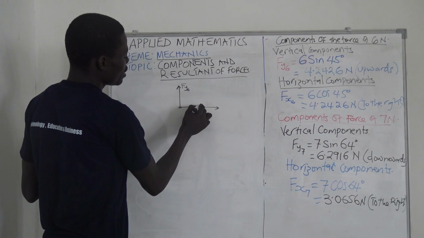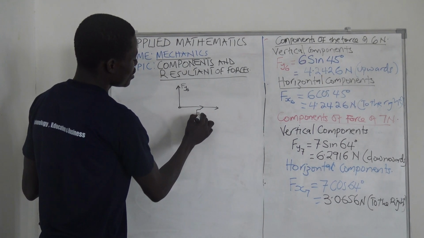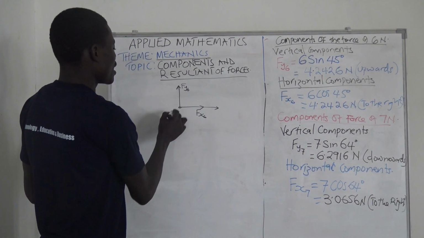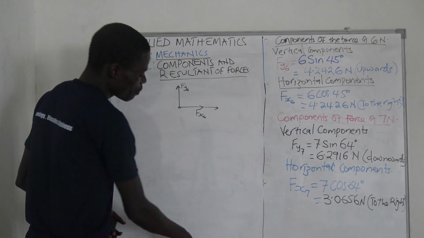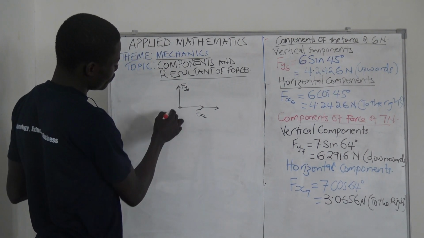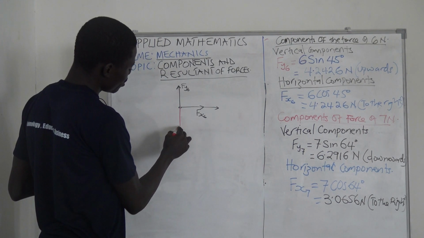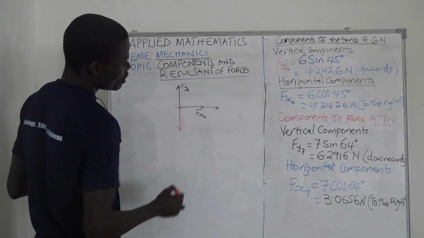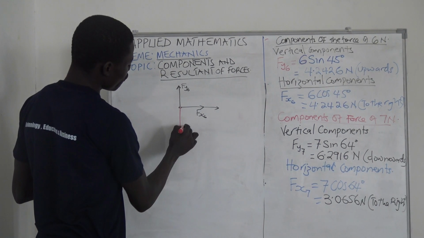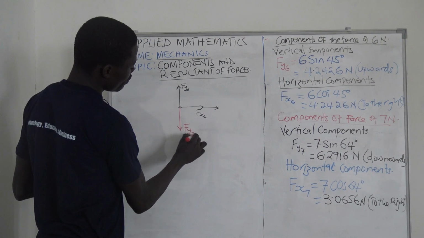This one is F of x of 6. And then we have another force which is acting vertically downward. This force we have called F of y due to 7 Newton.